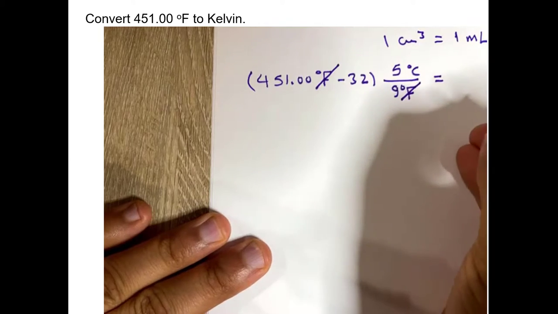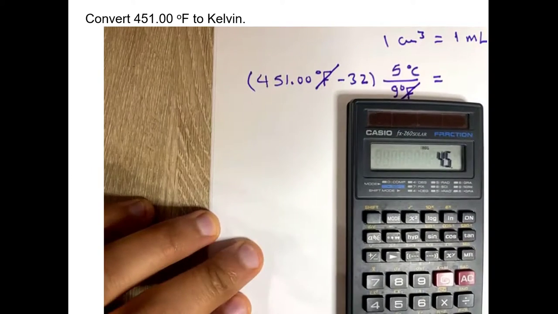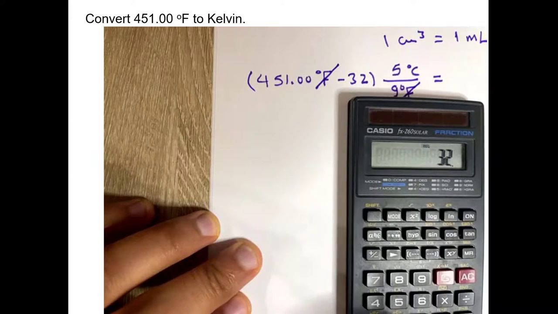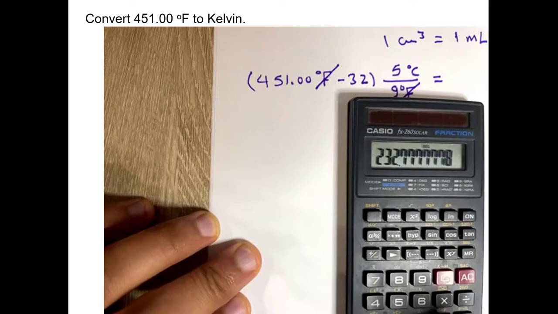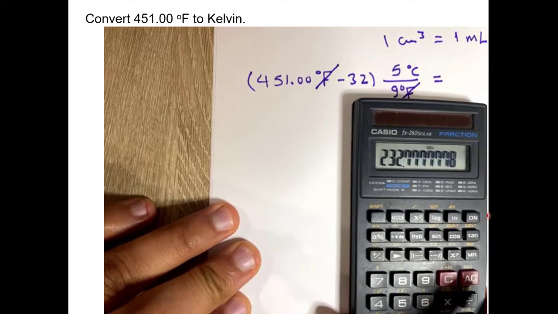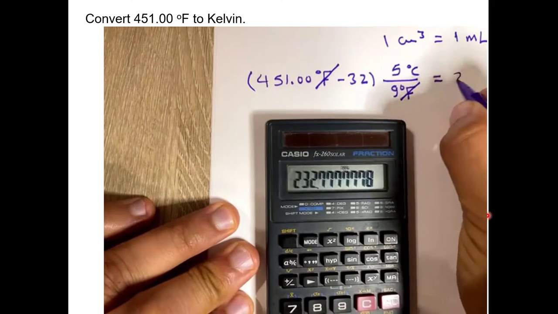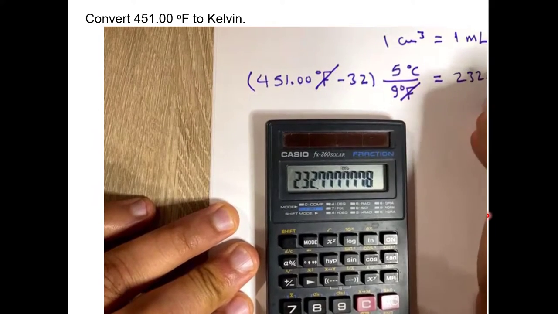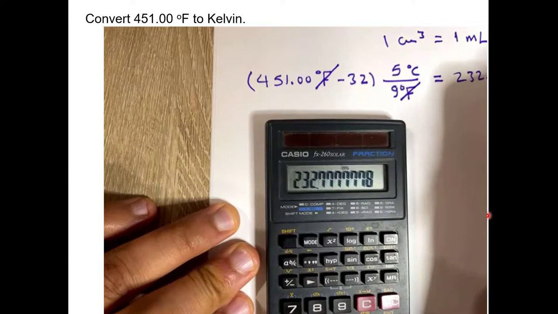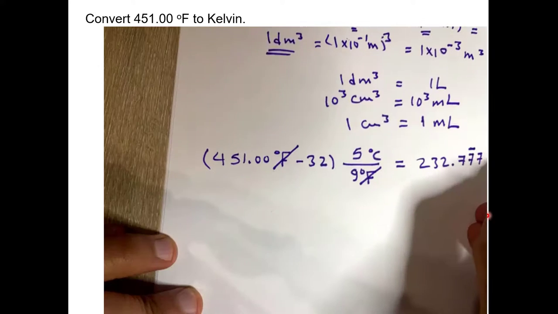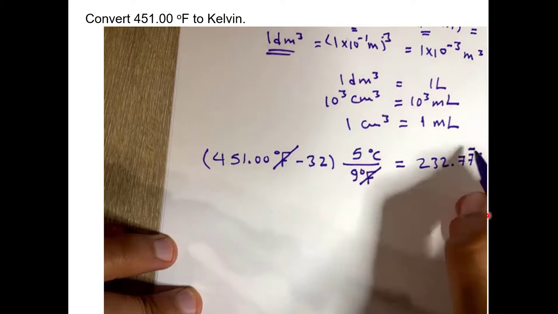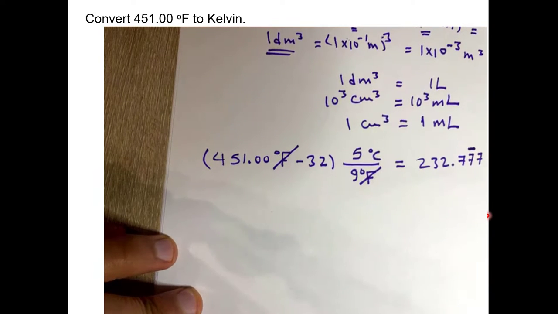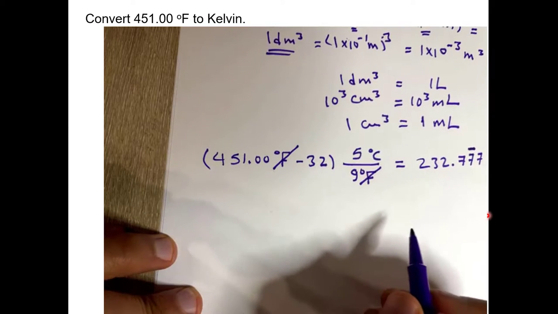If you use the calculator, subtract 32 from the Fahrenheit reading, and then multiply this times 5 divided by 9, and that gives you 232.777 Celsius, but you have to stop at the right significant figure at the very end of the calculation.